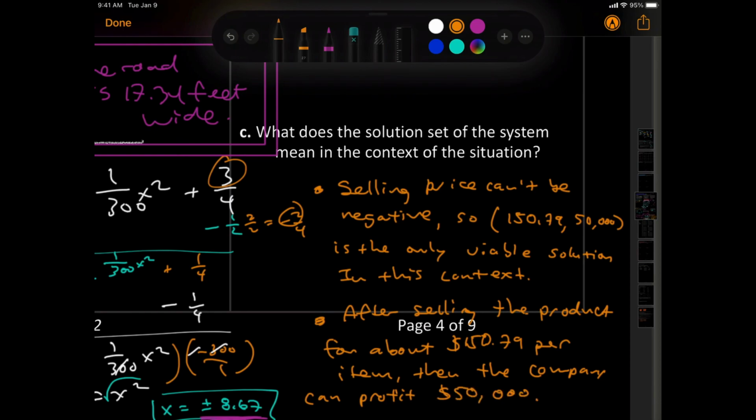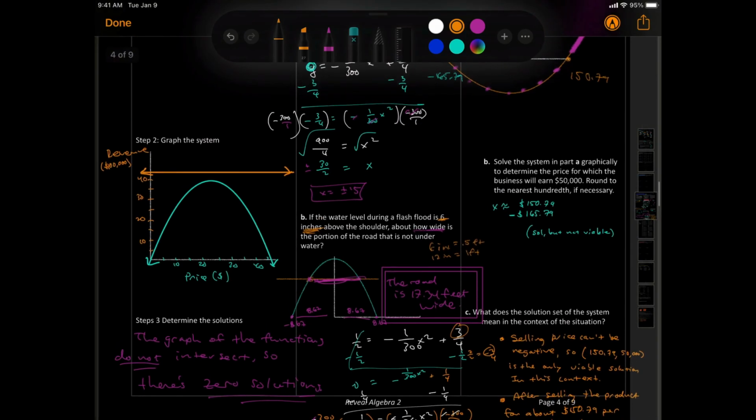So of course, if I charge more than $150.79, I'm going to get more than $50,000. But the point is, that's kind of like the cost. Like if I'm trying to say, hey, I got to pay back my sister for borrowing $50,000, I better charge $150.79 per flashlight.